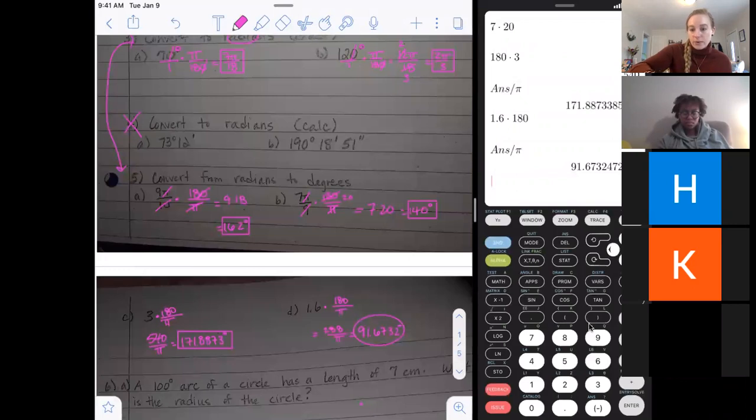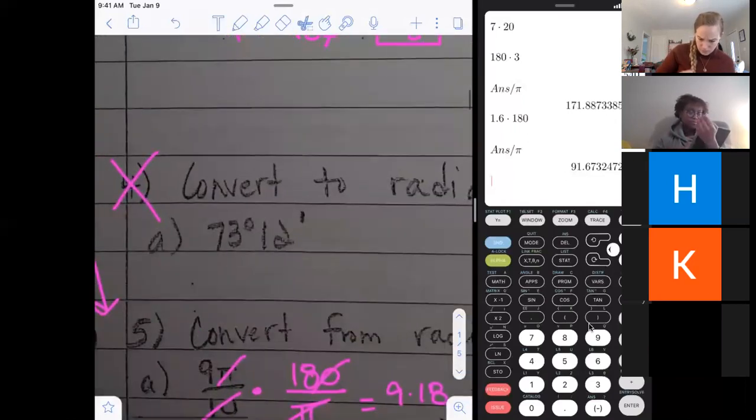So think about first how you want to make that degrees, minutes, seconds into a decimal. I'll undo the cross because we're going to actually do it. So 12 minutes. Again, I'd be super careful about your units because that helps me know what goes where.